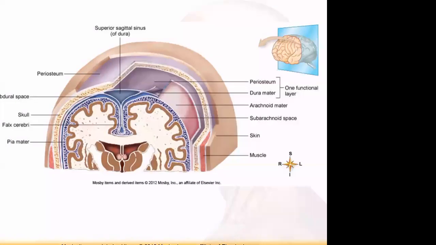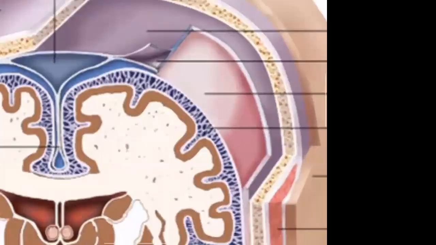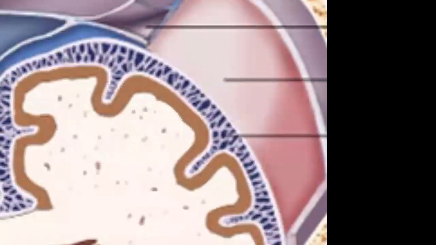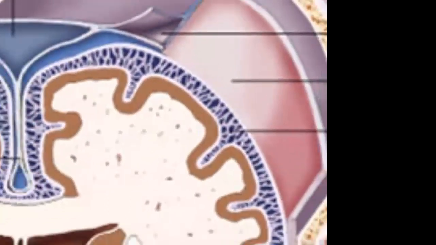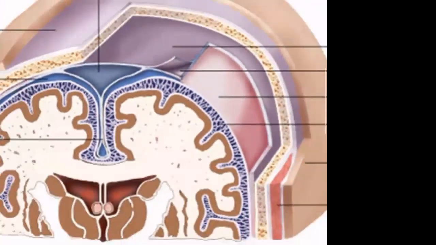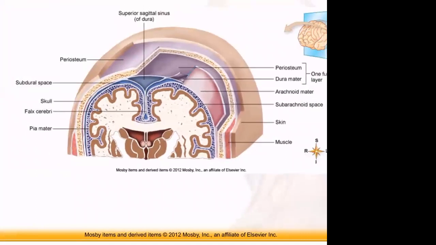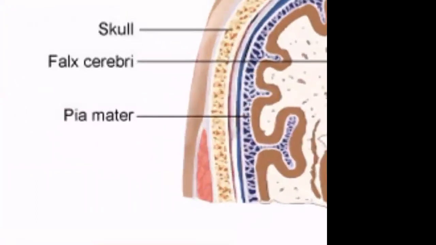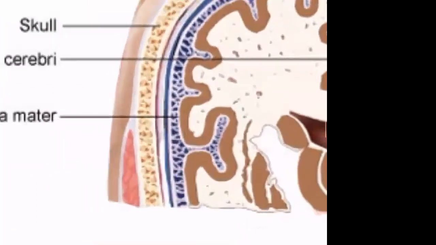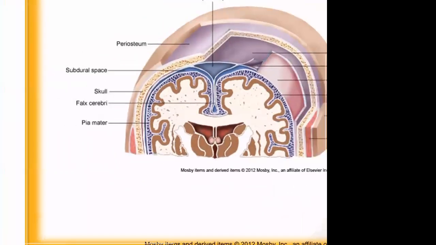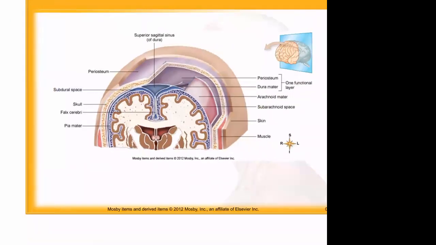There is an area beneath the arachnoid mater that looks like a spider's web, hence the term arachnoid mater, arachnid for spider. And you can see it kind of looks like a spider web. That's the area where cerebrospinal fluid circulates. And then the pia mater is the thinnest membrane and is sort of shrink wrapped around the brain.